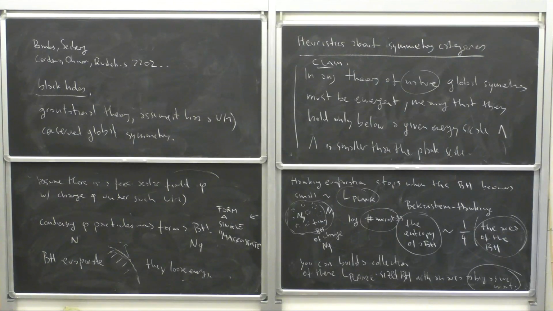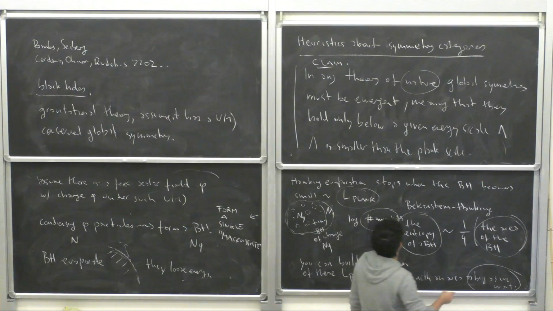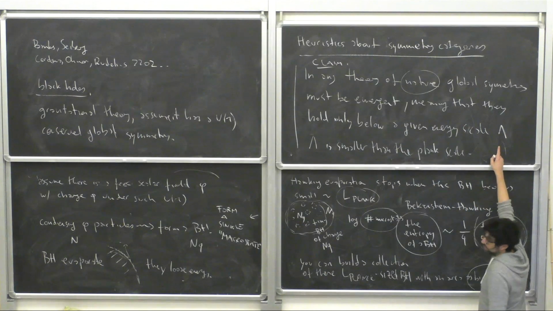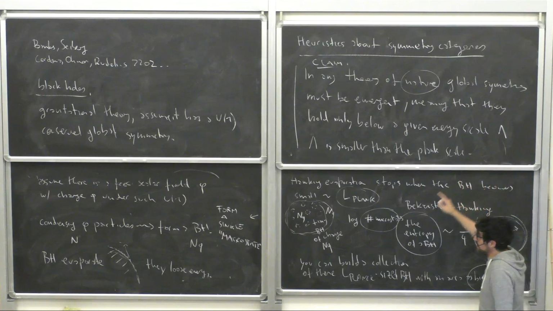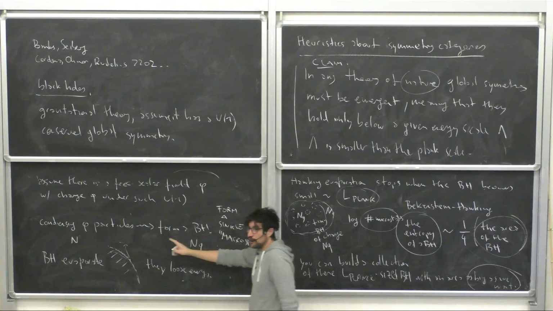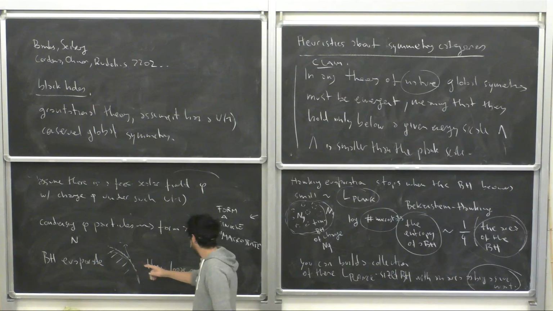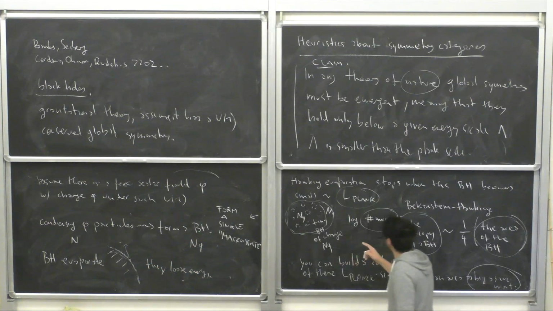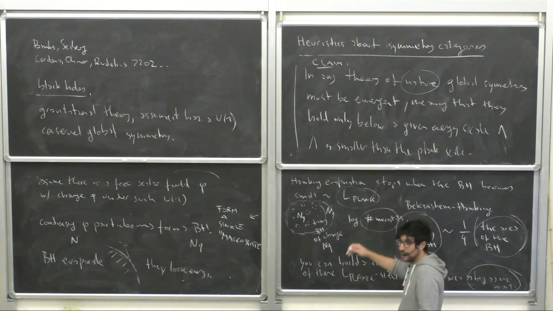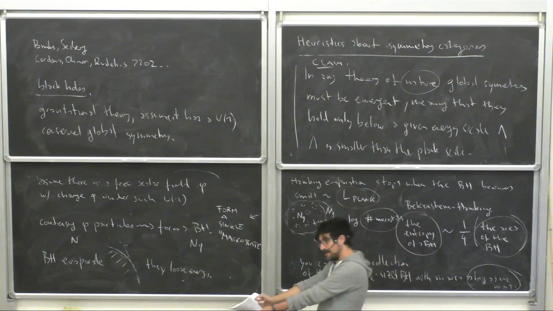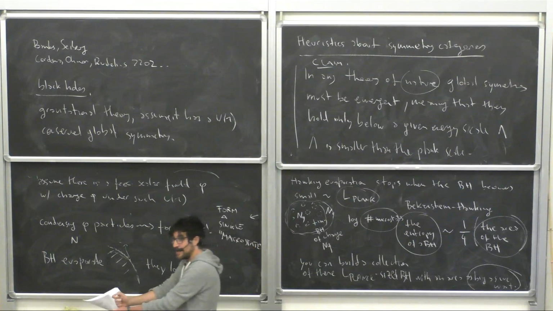And so there is a way out of this, which is that the symmetry is violated before the Hawking evaporation stops. The Hawking evaporation stops when the black hole becomes so small that it is of Planck size.